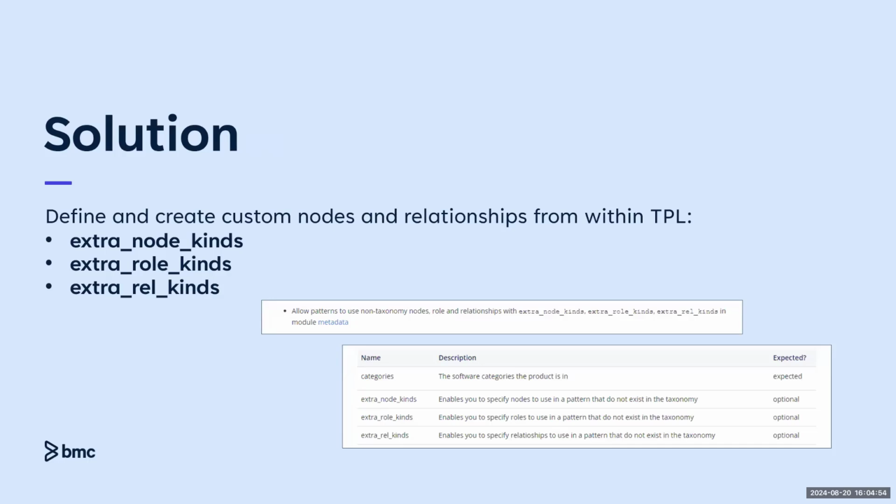And the solution as it is are custom node types. And they're referred to as custom nodes, but it's actually nodes, roles, relationships, anything where we can take a software instance and relate it to a completely custom node, not a detailed node, not something that exists in the taxonomy. And that's the slides done. I thought we would just take the time to get as quickly as we can into Discovery and actually see how we do it.